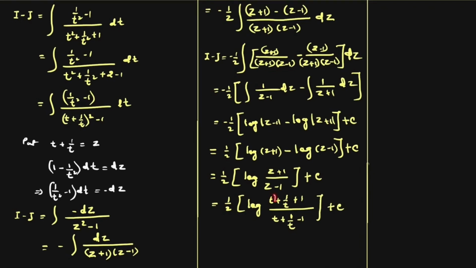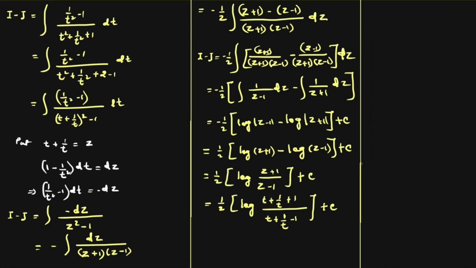So again we know that in the place of t we are able to write e to power x. So this is equal to 1 by 2 log (e to power x plus 1 by e to power x plus 1) divided by (e to power x plus 1 by e to power x minus 1) plus c.